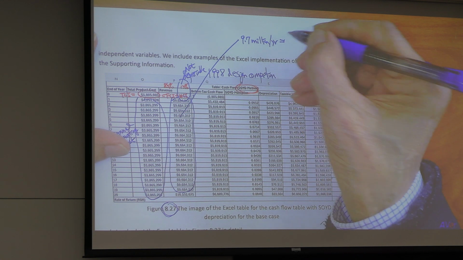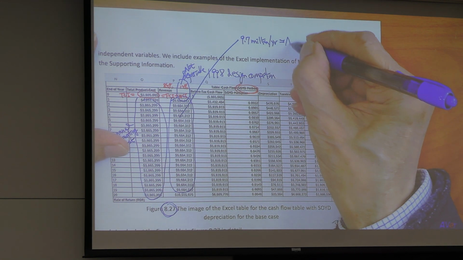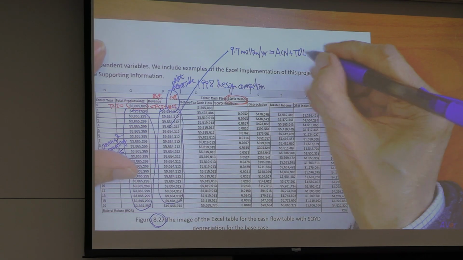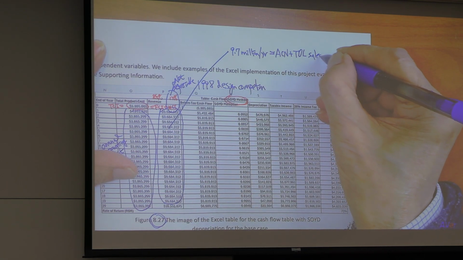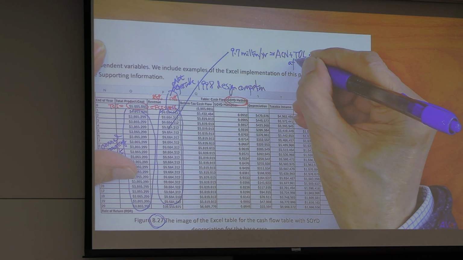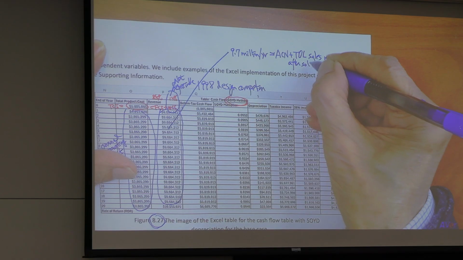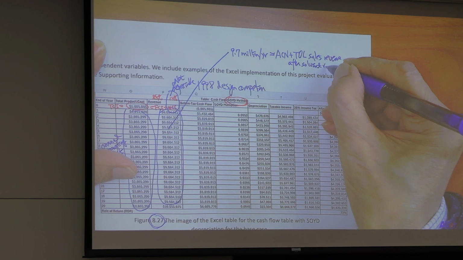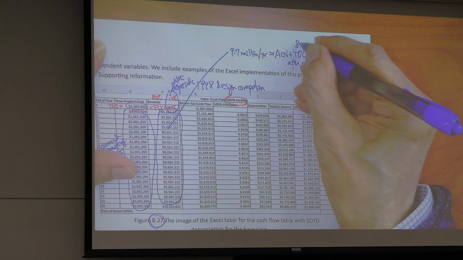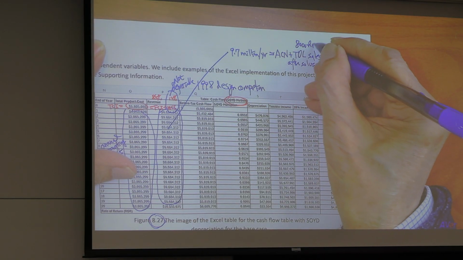That is your ACN TOL sales revenue after solvent recovery, 8,000 hours per year.